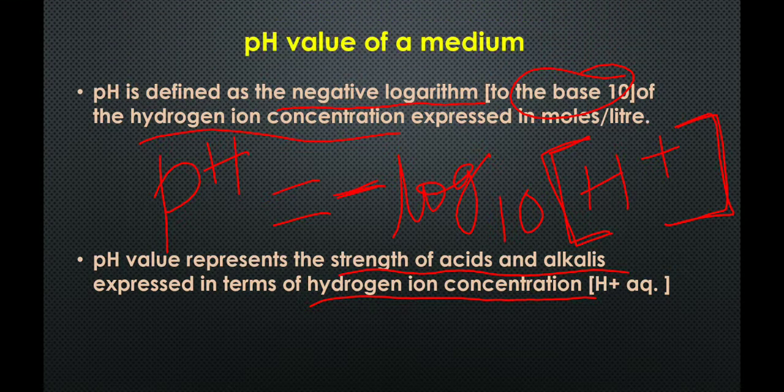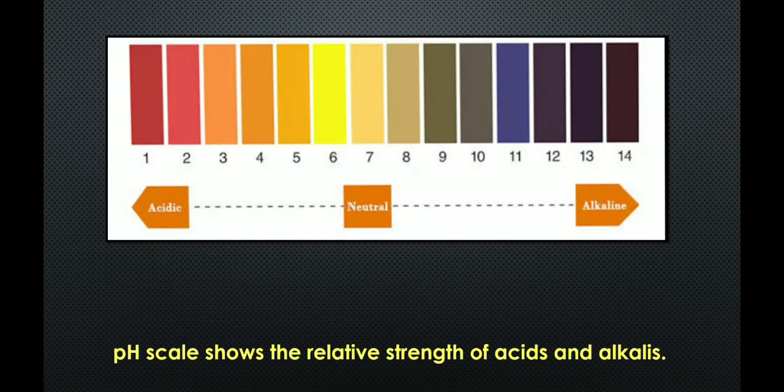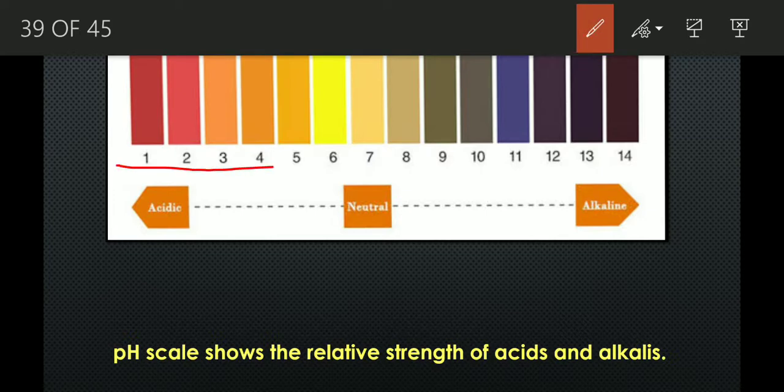Now see, this is a pH paper and various colors are present here. By looking at the color, we can say what the pH value is. How? This is the pH scale. The pH scale shows the relative strength of an acid or an alkali.